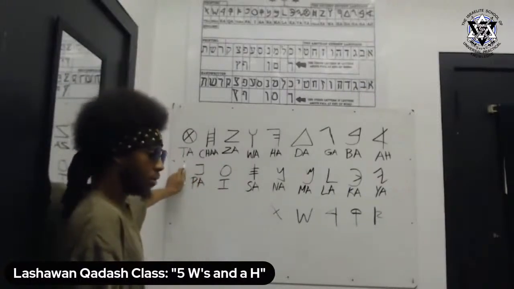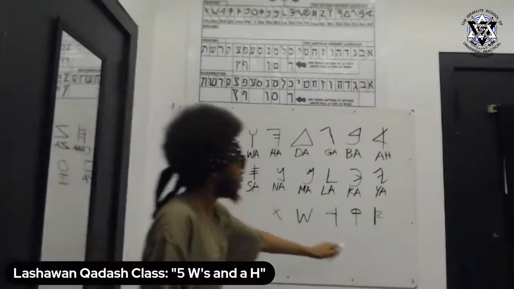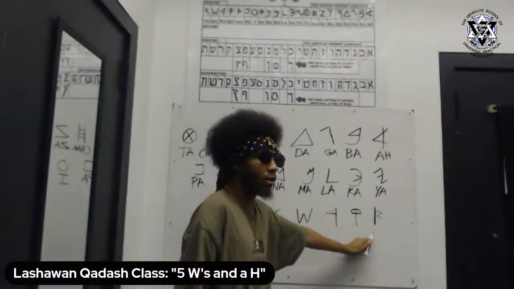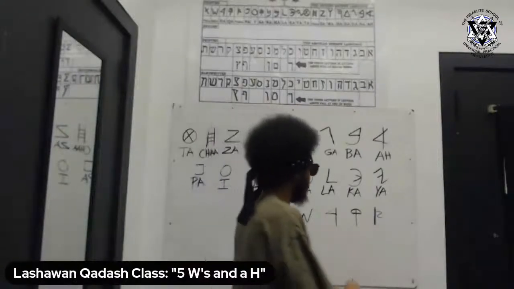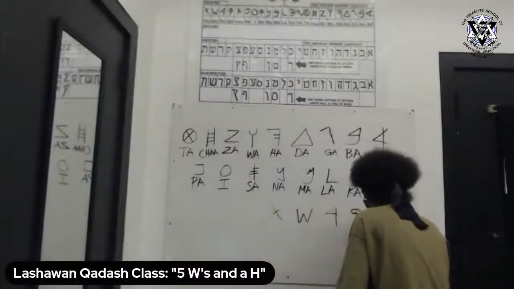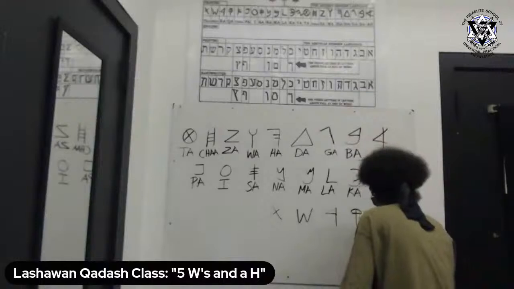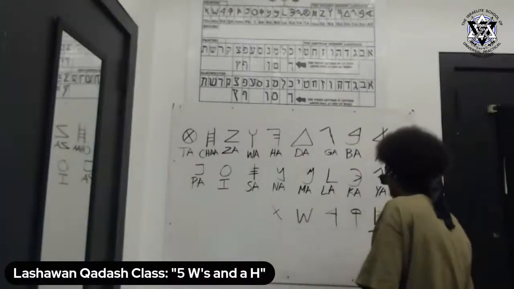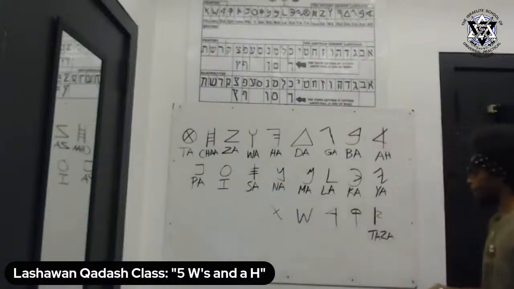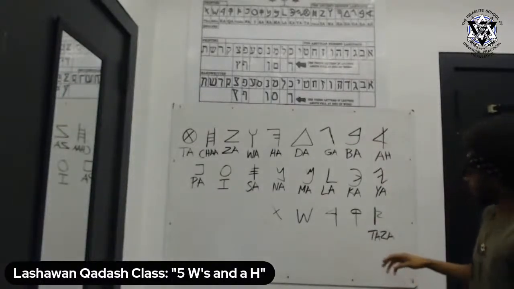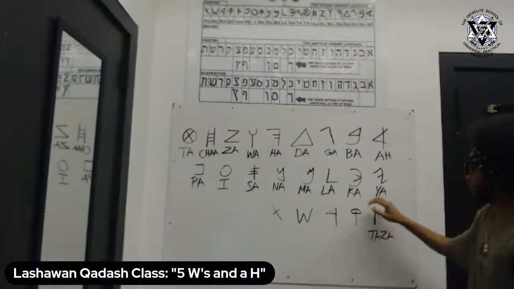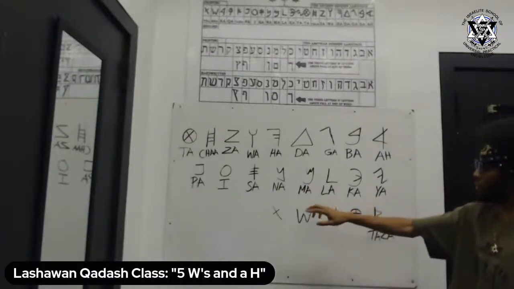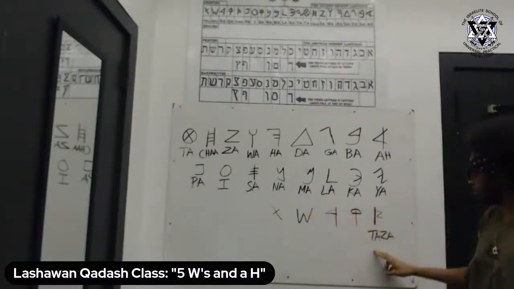Z. Say it fast. Z. All right. So we got ya, ka, la, na, sa, I, pa, to, za.